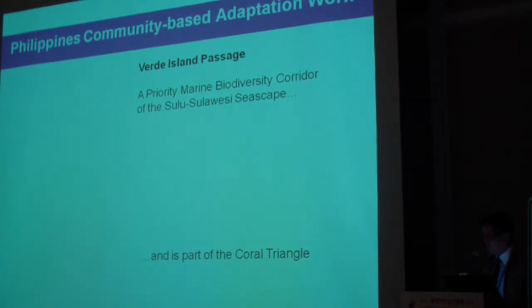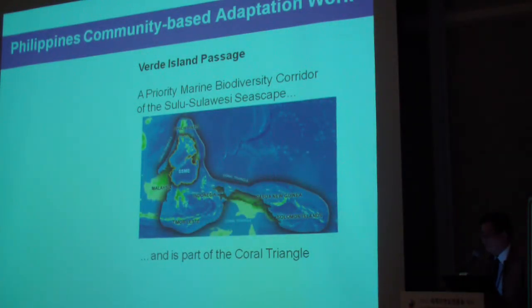Just to give you some context and background, we're working in the Verde Island Passage, a priority marine biodiversity conservation corridor of the Sulu-Sulawesi Seascape. The Sulu-Sulawesi Seascape is an area where Conservation International Philippines has current initiatives in different corridors, and we have one climate adaptation project here.